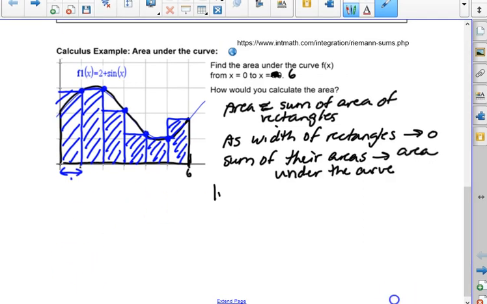In limit notation, we'd say the limit, we'll call this x here, as x gets close to 0 of the area equals the true area.